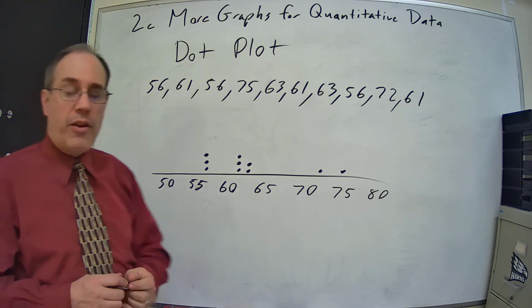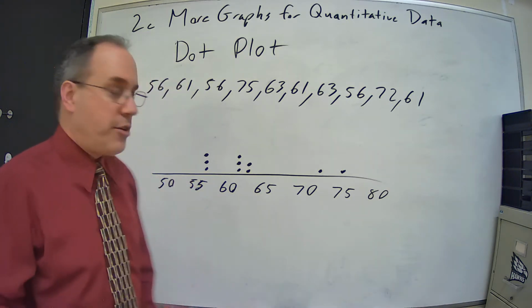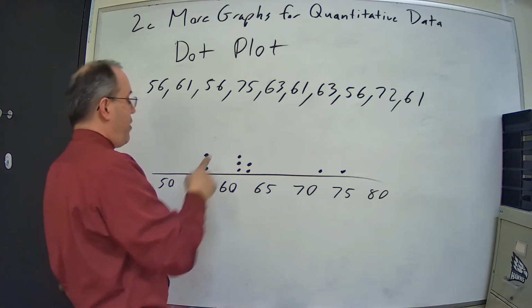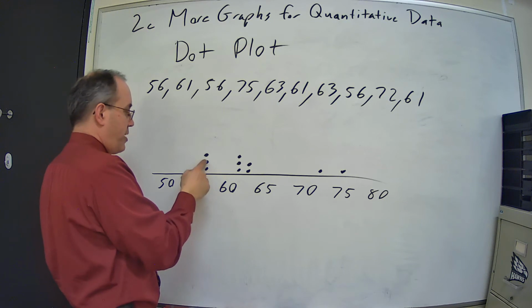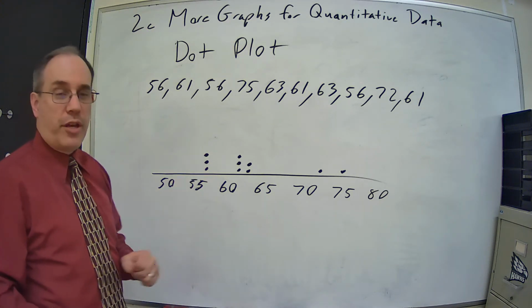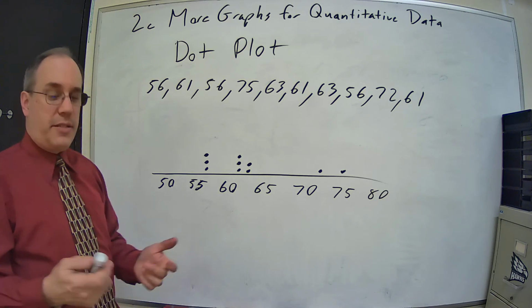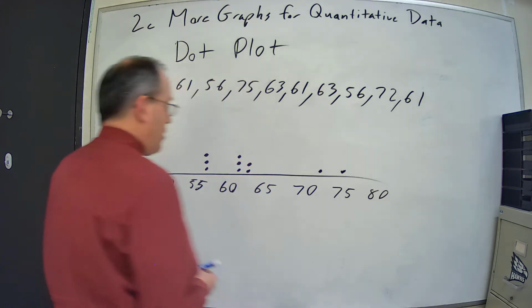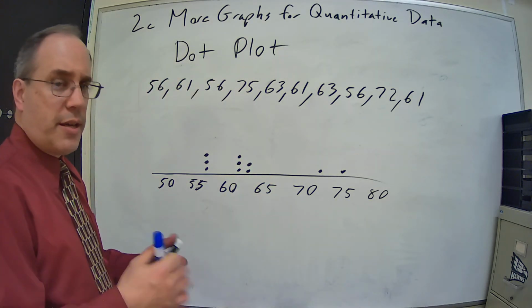What you have to be careful of with this are two things. One, you have to make sure that if you have a repeated number, you recognize you already did it and you put them on top of each other rather than accidentally putting it beside. The second thing is, some people like to put hash marks.